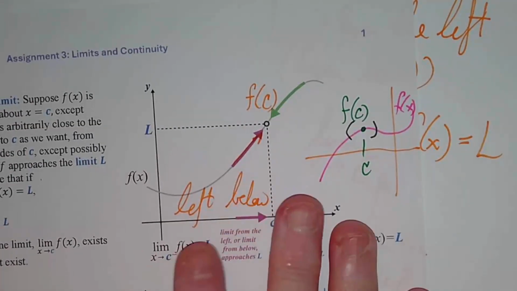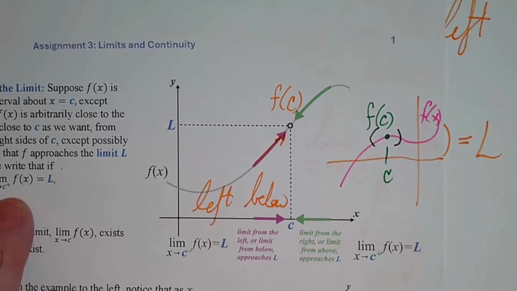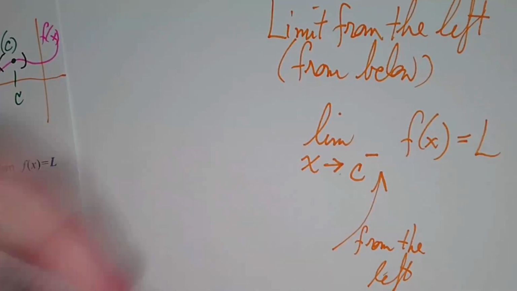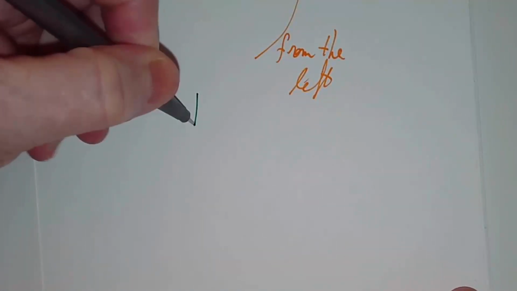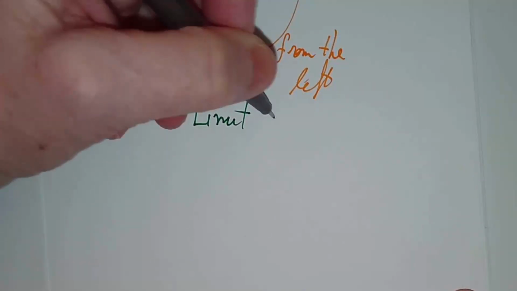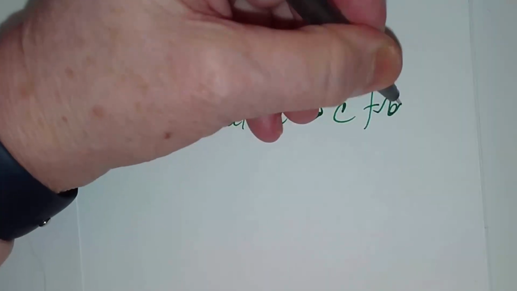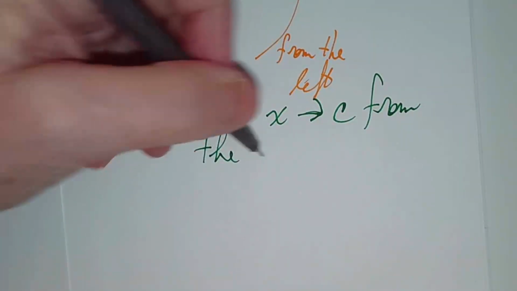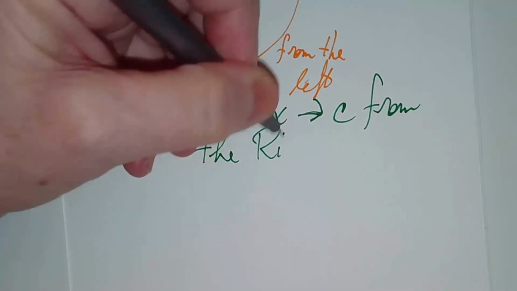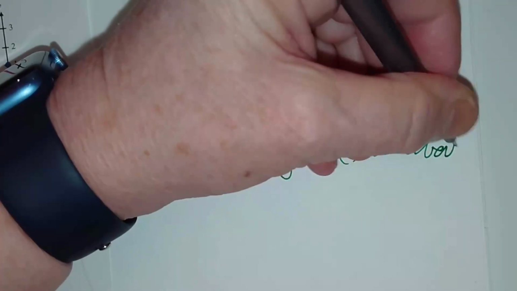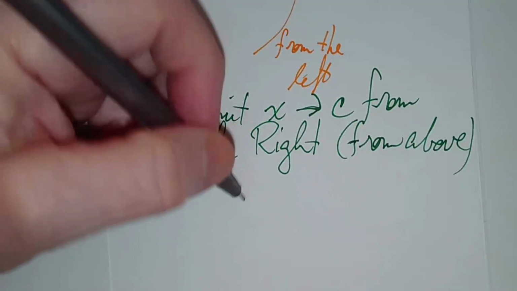We also need to look at the limit as x approaches c from above or from the right. So let's write that down. If we have the limit as x approaches c from the right, or from above, we would write it this way.